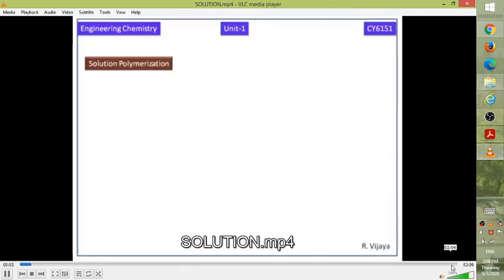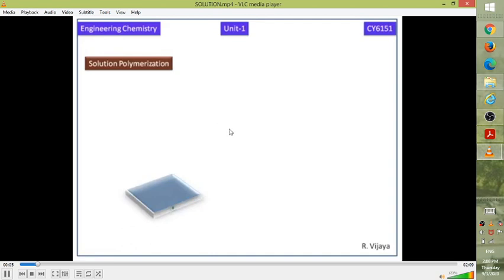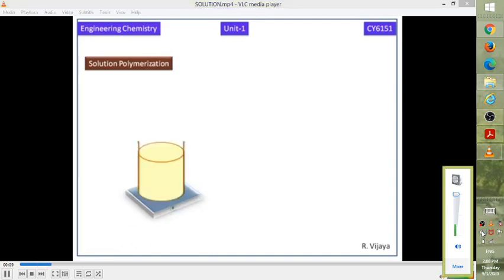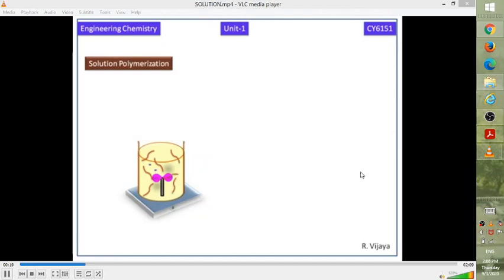Now we discuss solution polymerization. This is the thermostat. Beaker is kept on the thermostat. Now we are adding the monomers which are already dissolved in the suitable solvent. Then we are mixing an initiator and a chain transfer reagent. The whole mixture is kept under constant agitation.